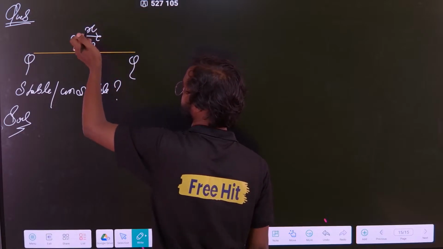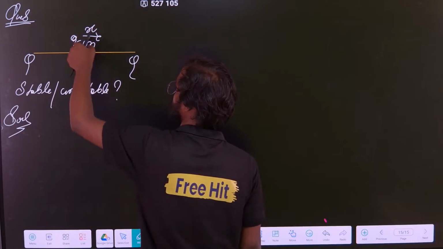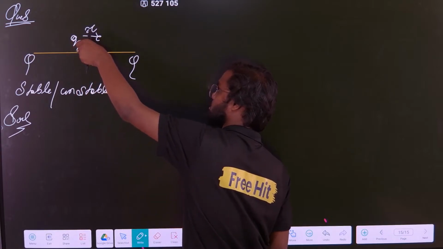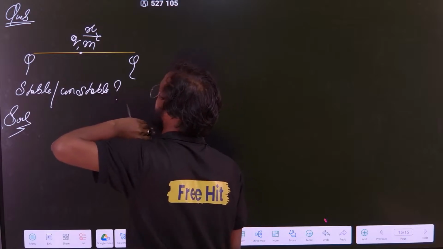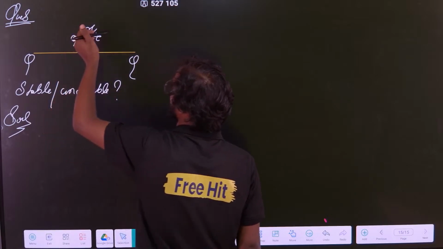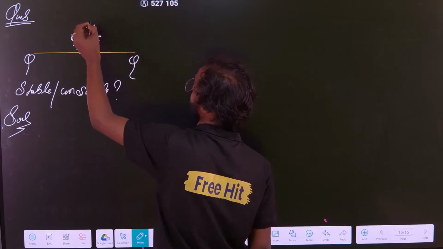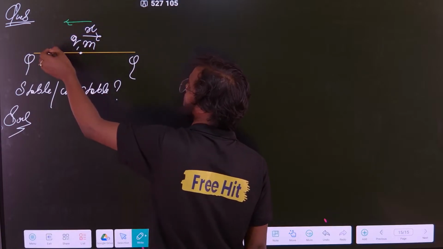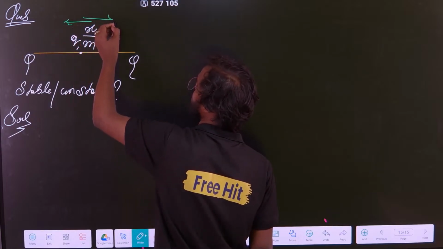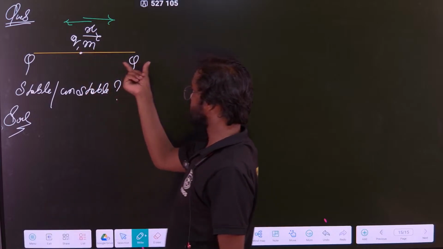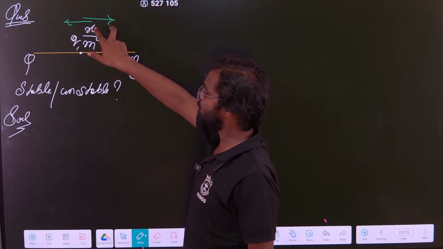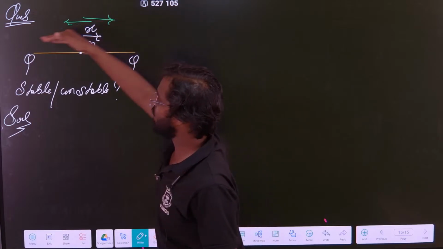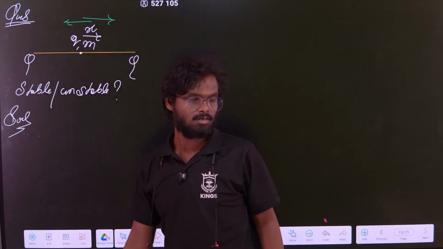Here the net force is 0, it is in the mean position. Now I displace the charge here. This charge will try to repel it in this direction, and that charge will try to repel it in the other direction. But as the distance decreases, this force will be more and the other force will be less. So overall the charge moves in this direction, correct or not?